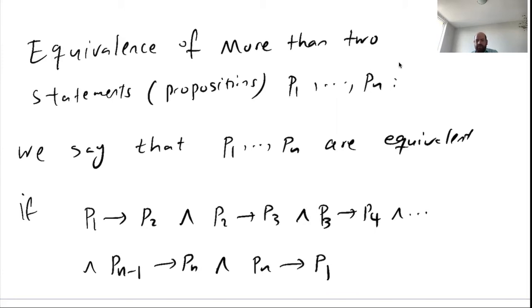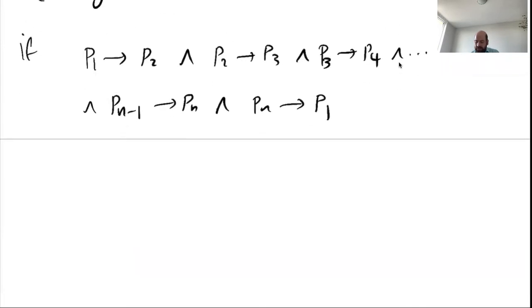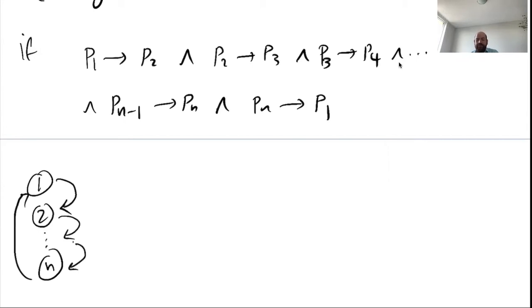So if all these statements are true, it's basically a cyclic conclusion. We conclude 2 from 1, 3 from 2, all the way to n from n minus 1, and then we conclude 1 from n. And this means that all of them must be equivalent with each other.